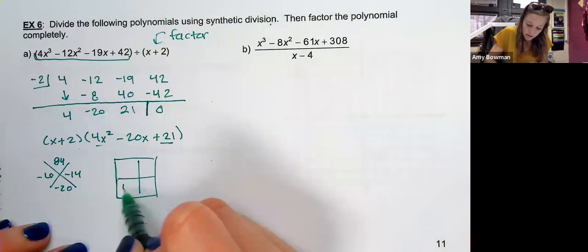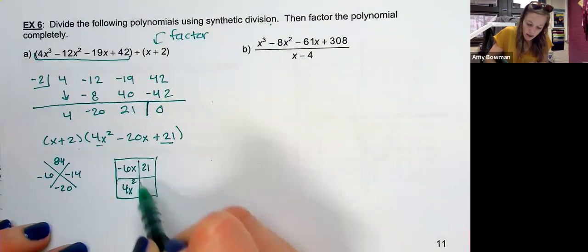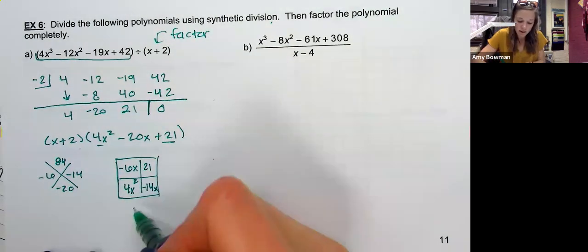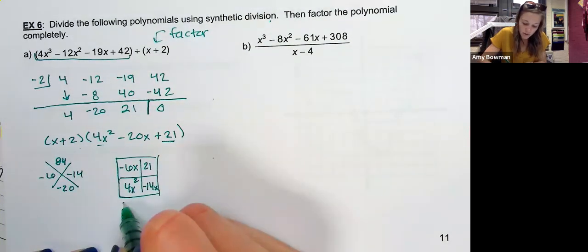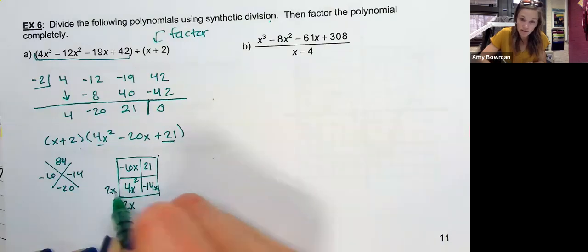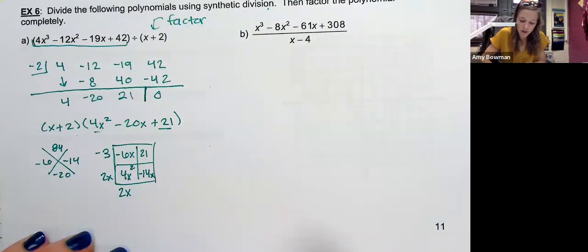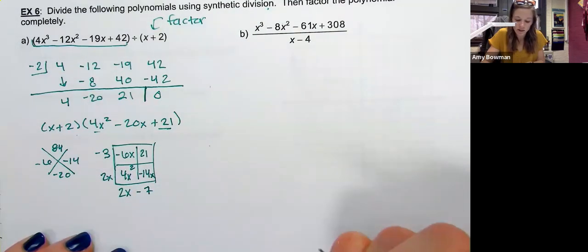Then I would just use my area model. 4x squared down here, 21, -6x, -14x. Now I'm going to have to do 2 and 2, so 2x and 2x to get my 4x squared, -3 to get -6x, and -7 to get -14x.